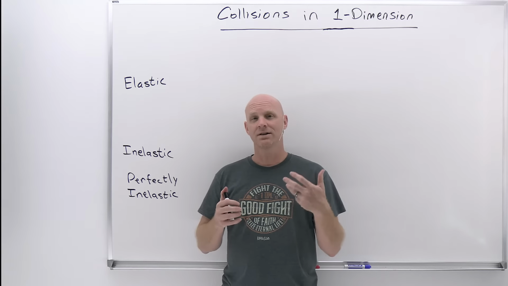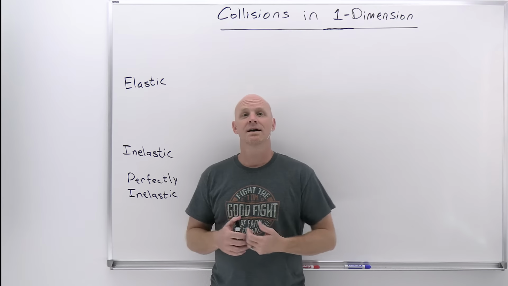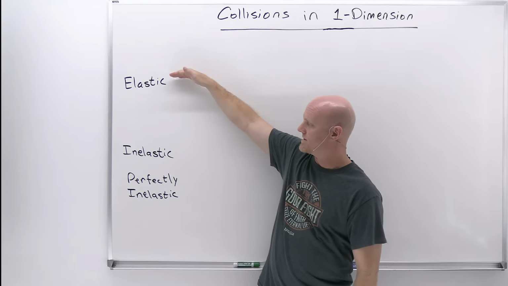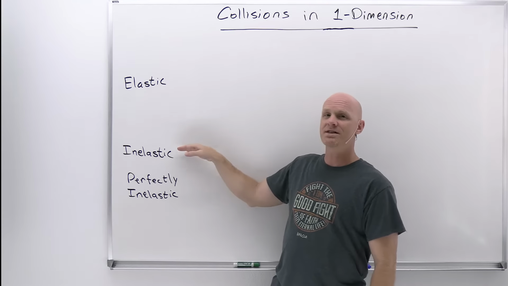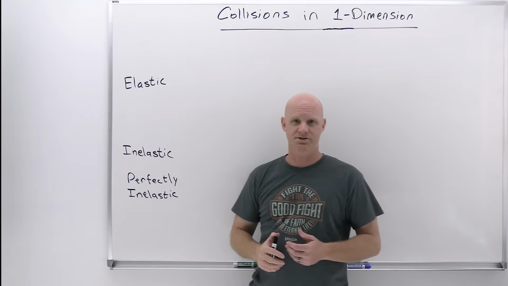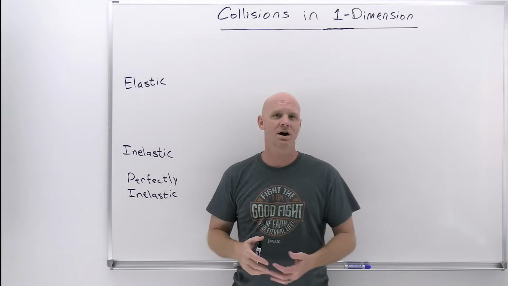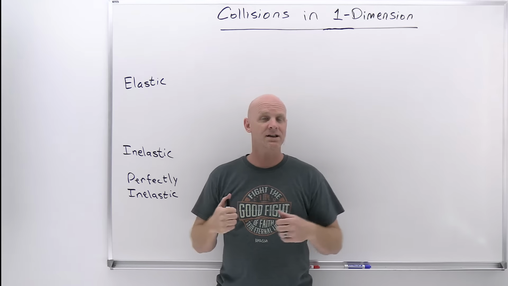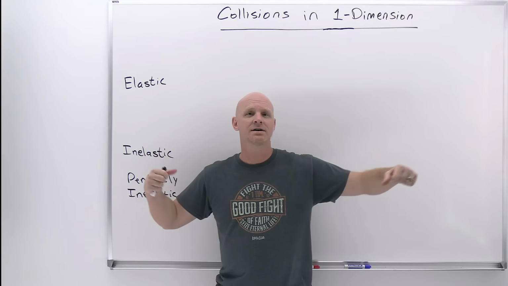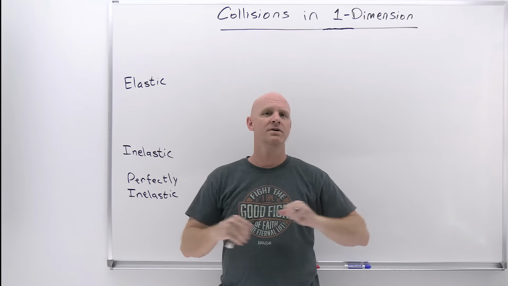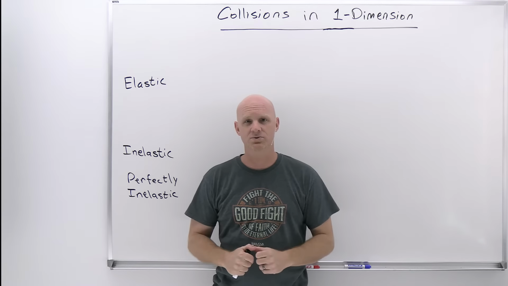Before we actually learn that structured approach, we've got to define and describe three different types of collisions. We've got elastic collisions, then inelastic collisions, and then a special type of inelastic we call perfectly inelastic collisions. For two objects to collide elastically, they have to have no propensity to stick together whatsoever, just bounce right off, no stickiness whatsoever, if you will.